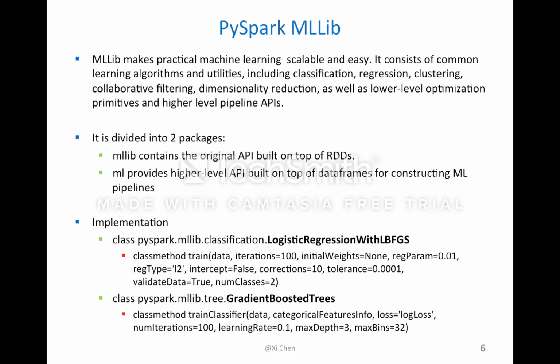It is actually divided into two different packages. The first one, MLlib, is built on top of RDDs and contains the original API, and the second one, ML, provides higher-level API built on top of data frames instead of RDDs. Generally speaking, the second package, ML, is more flexible compared to the first one, MLlib, because it's built on top of data frames instead of RDDs.